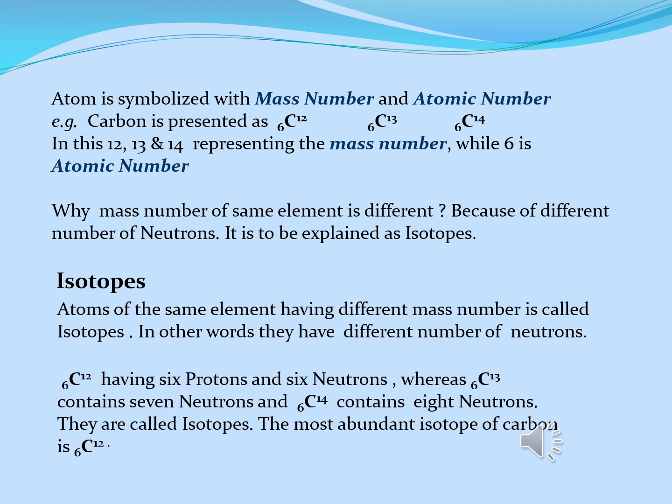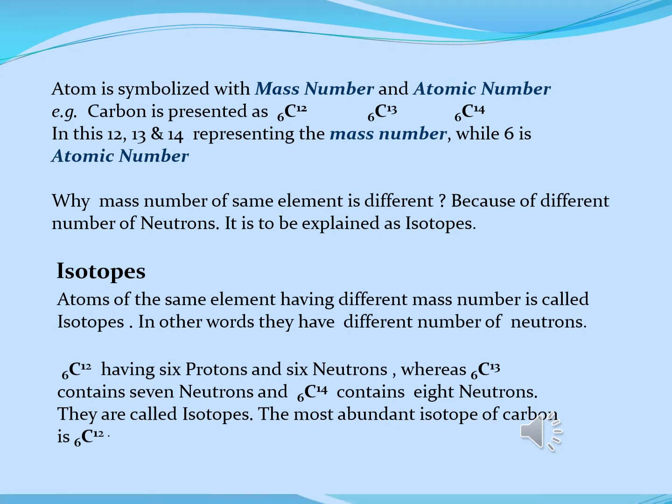Atoms of different elements can be symbolized by using the concept of atomic number and mass number. Sometimes in a specific element you find the mass number is different. So the concept of isotope is developed because of different numbers of neutrons in the nucleus of any specific element.